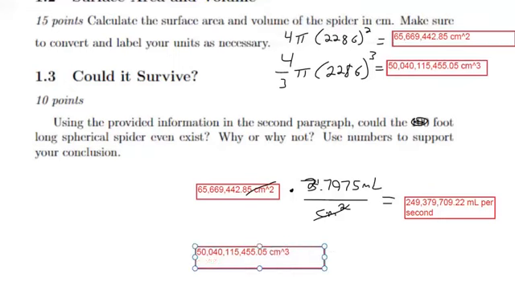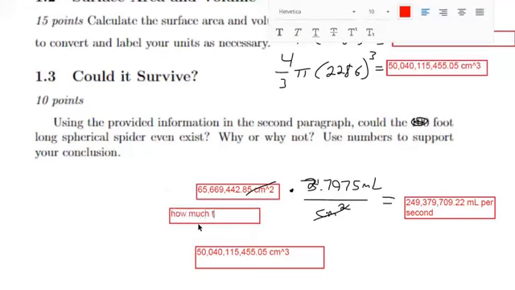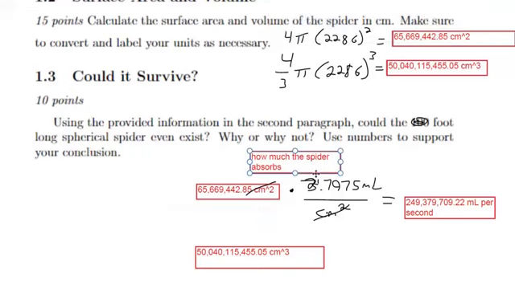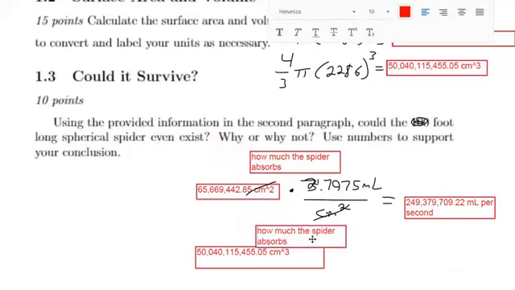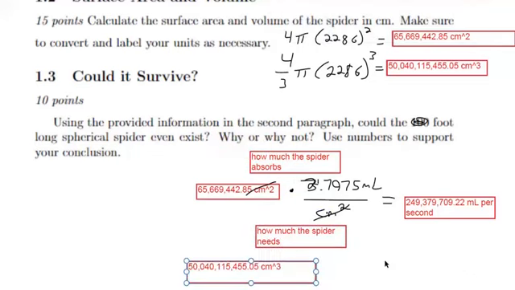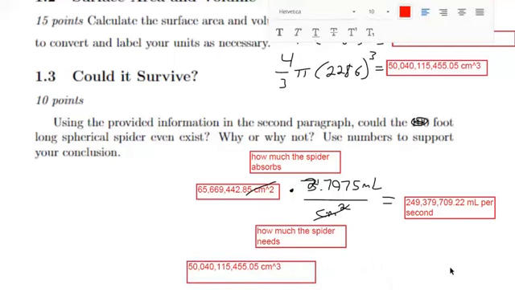And I'll label it a little bit. This is how much it can absorb. So that part we did up here is how much the spider can absorb. And then we want to compare it to how much it needs. How much oxygen the spider needs. This is how much volume we have.